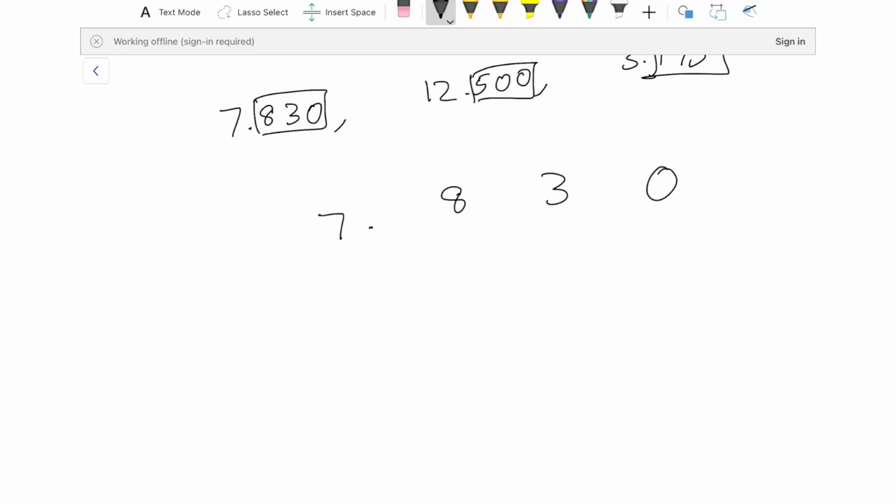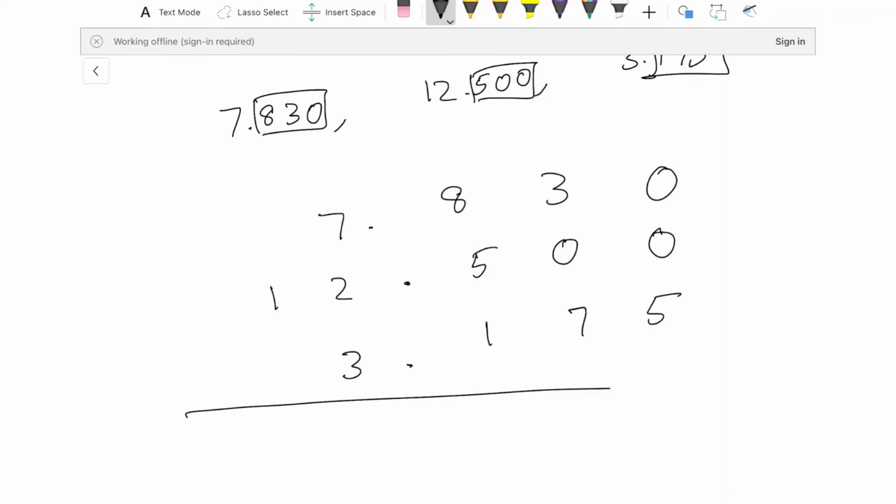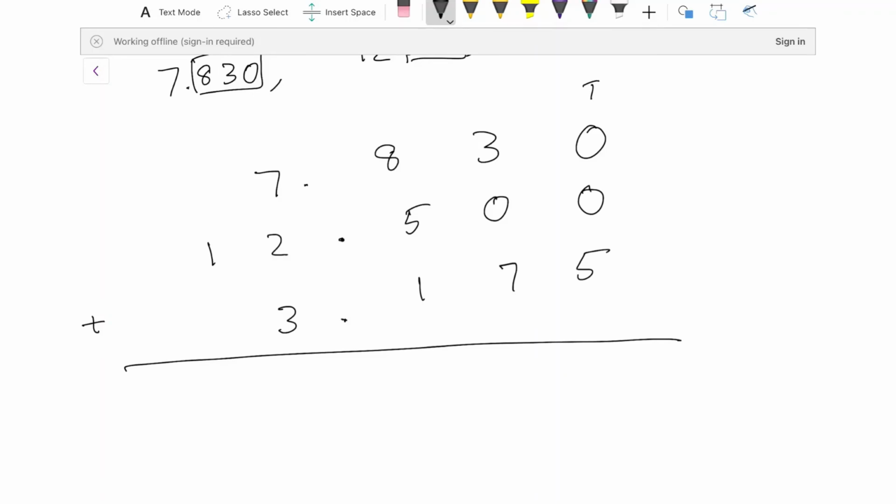And then you have 12.500, and then you have 3.175. We are doing addition, so we have just put it in the place value house. So this is your 1000th place, this is your 100th place, this is your 10th place, this is your 1's place, this is your 10's place, and this is your 100th place.